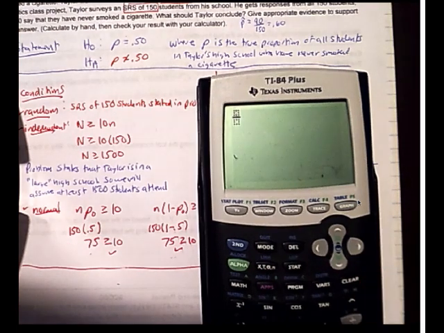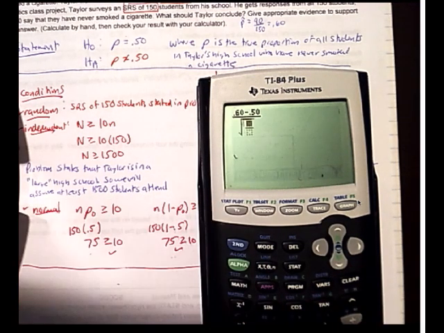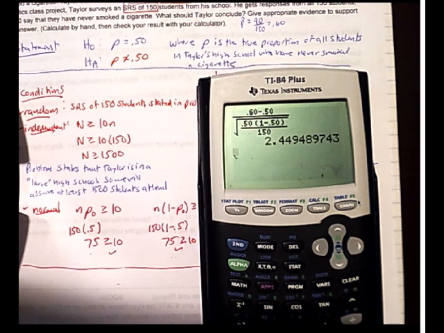Do this one step in the calculator, 0.60 minus 0.50, square root of a fraction, 0.50, 1 minus 0.50, all over 150. 2.449.